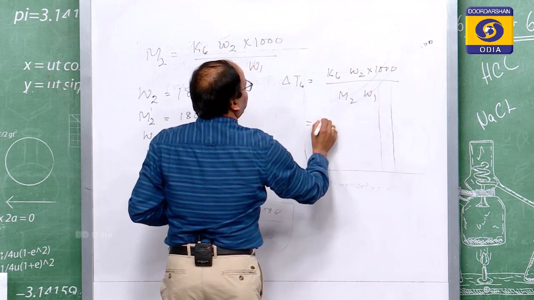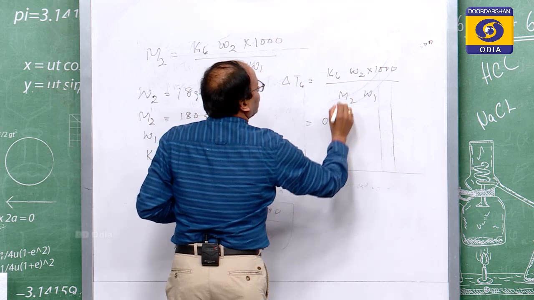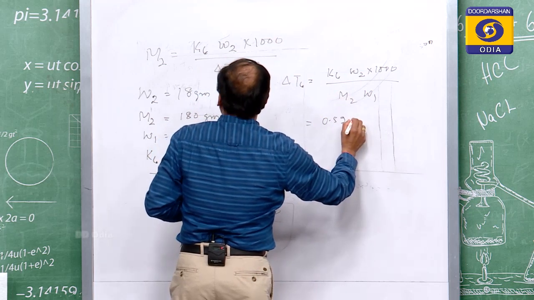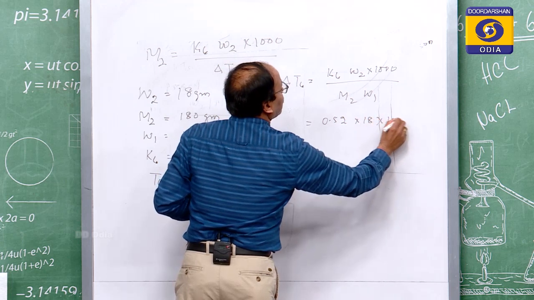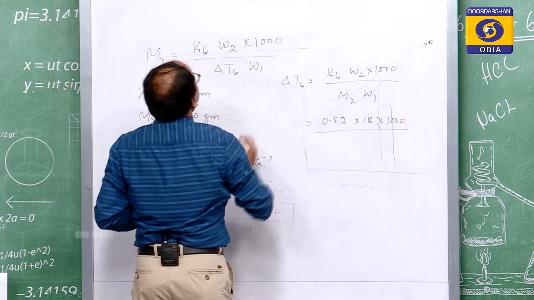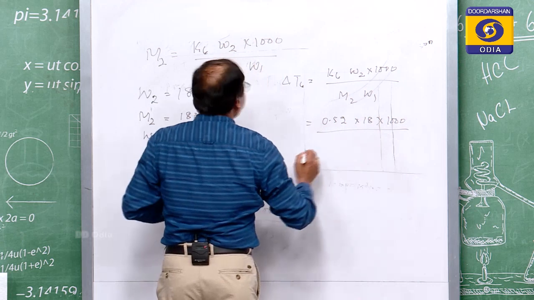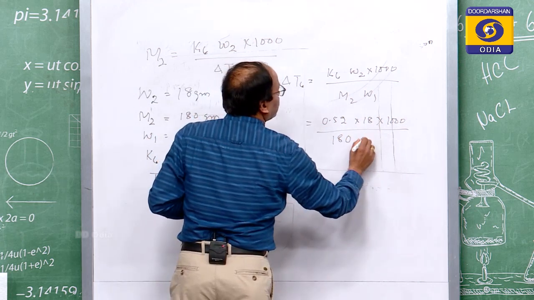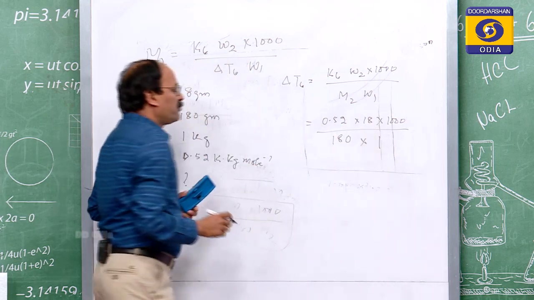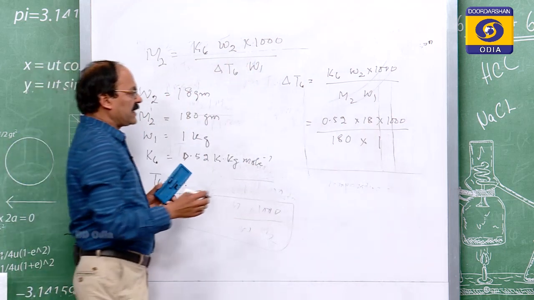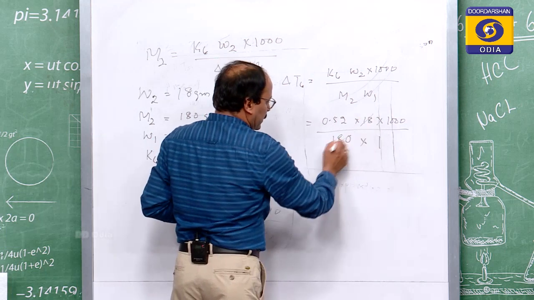You put the values: Kb is 0.52, W2 is 18 gram into 1000 divided by M2, which is 180, then W1 is 1 kg. From this you can calculate, this one will be 10.